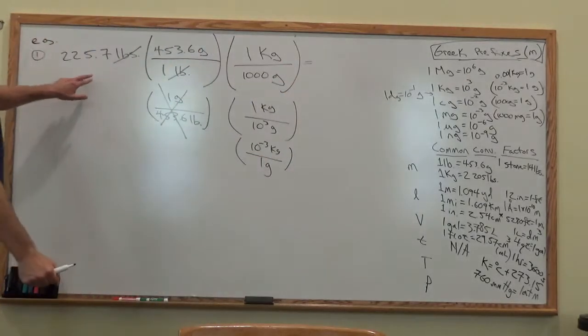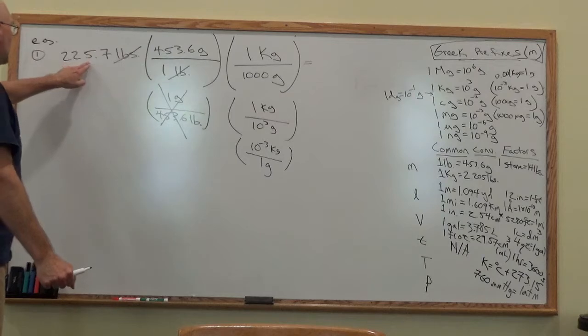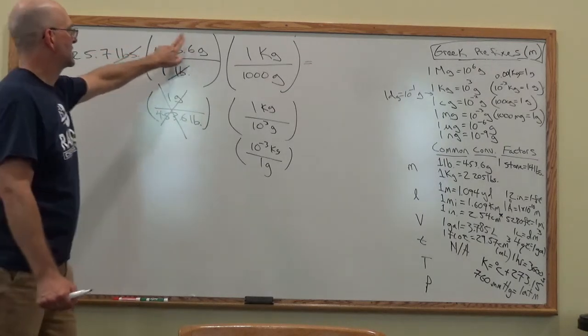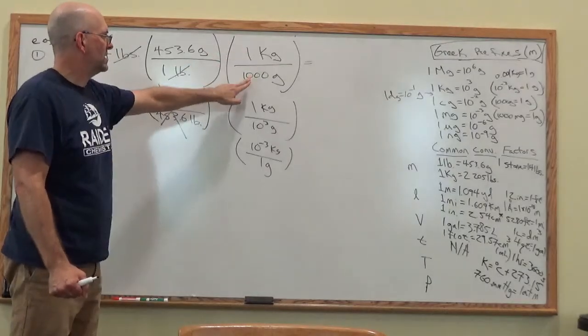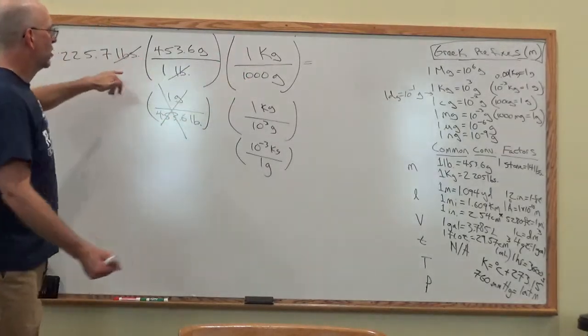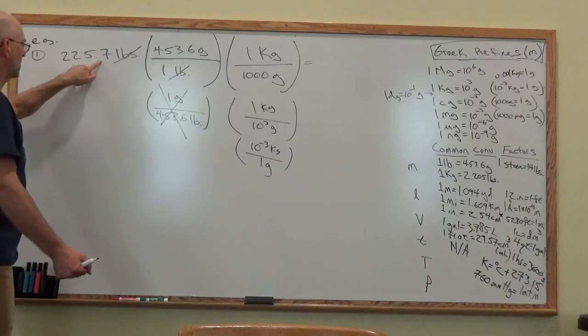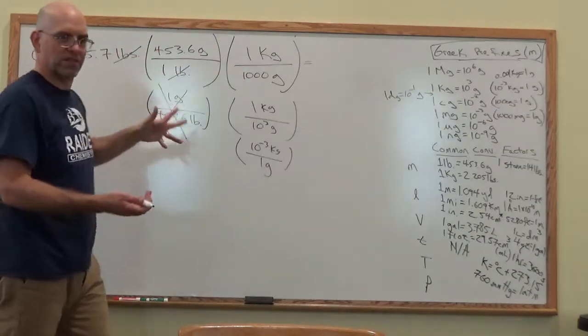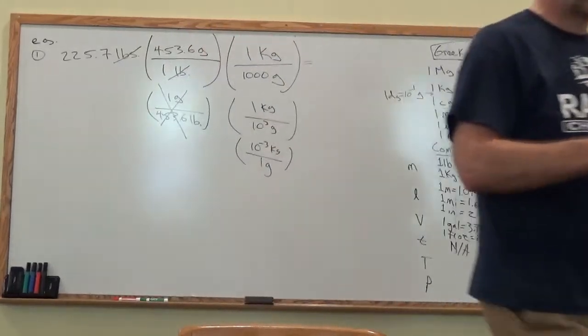So on your calculator, you're taking 225.7 multiplied by 453.6 multiplied by 1 dividing by 1,000. You can just do this times this divided by this and skip all the ones. I forgot to get my calculator out, so I've got to do that.